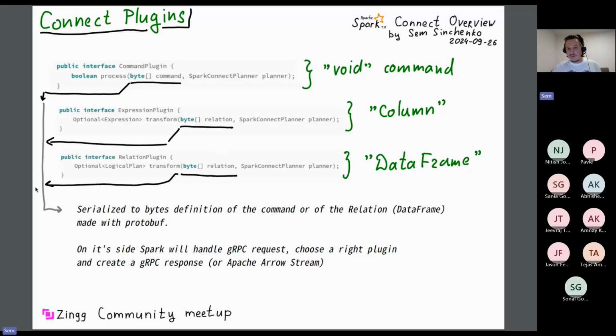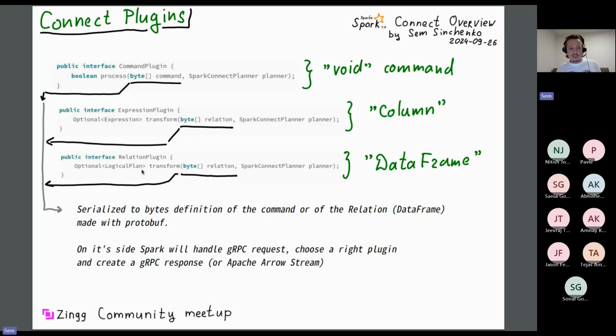And the most important for me is the relation plugin. It's a plugin where you send a message to Spark and you get a data frame back. But because again it's Spark Connect, you are actually getting not a data frame but a logical plan that will be serialized.